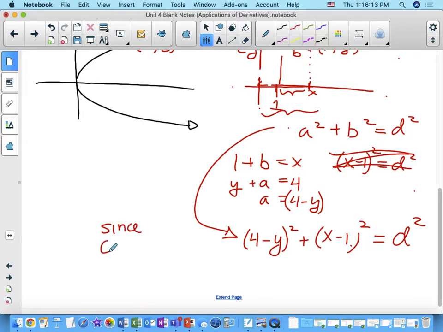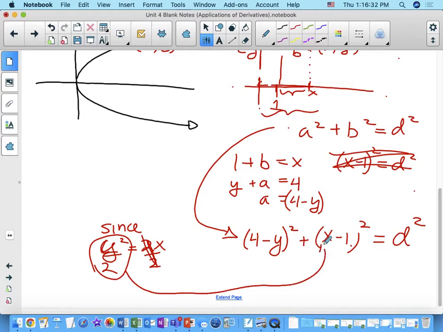Since y squared equals 2x, if I divide both by 2, x equals y squared over 2. And what I can do now is take this and sub it in there. And now I only have 2 variables.